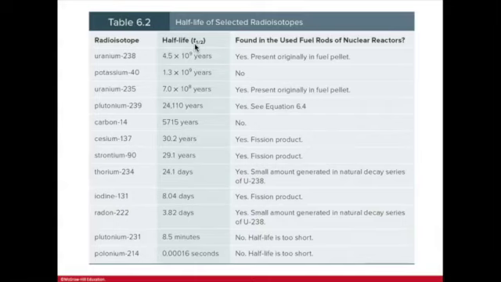So this is a constant dependent on the radioisotope. So the uranium-235, to get to half of the original radioactivity, takes 4.5 billion years, 4.5 times 10 to the 9 years. And this is what is in the uranium fuel pellets in a reactor. So that's why there's an issue of nuclear waste. That's spent fuel that still has radioactivity. It's going to be radioactive for millions of years later.